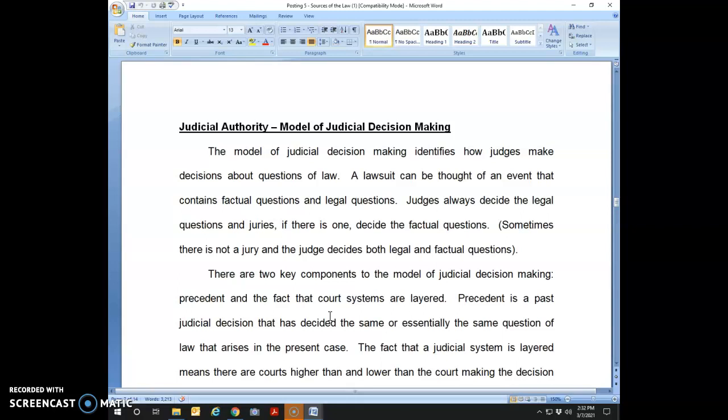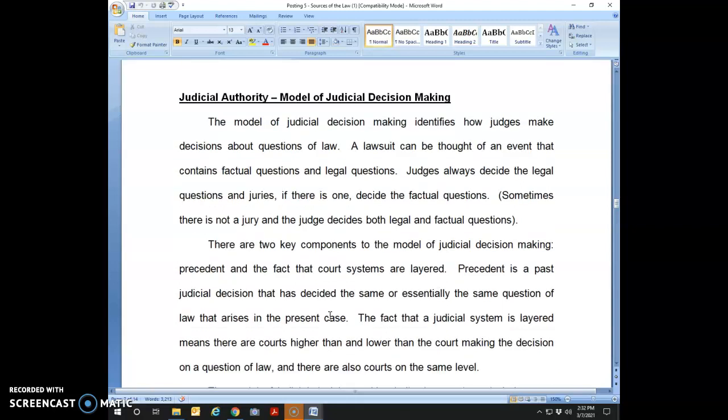But whatever kind of lawsuit we have, if there's a legal question, how do the judges decide the legal question? And this is where we bump into what I call the model of judicial decision making.